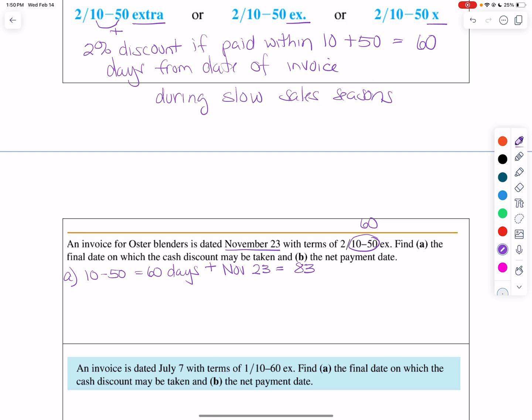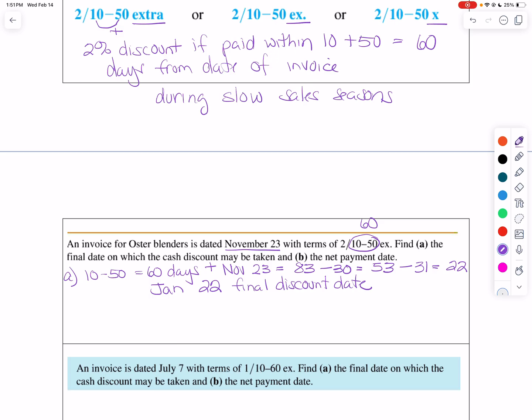Well, I need to take out the 30 days in November. That gives me 53. Then I need to take out the 31 days in December, and that gives me 22. So it will be January 22nd, the final discount date.